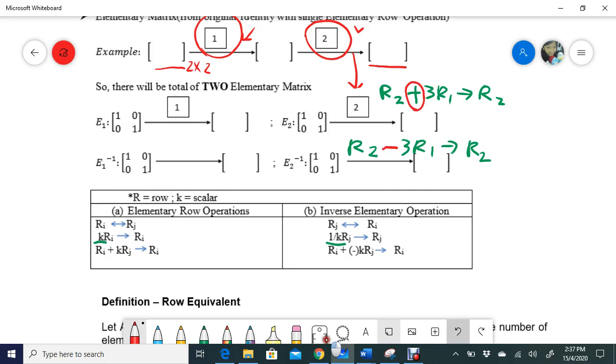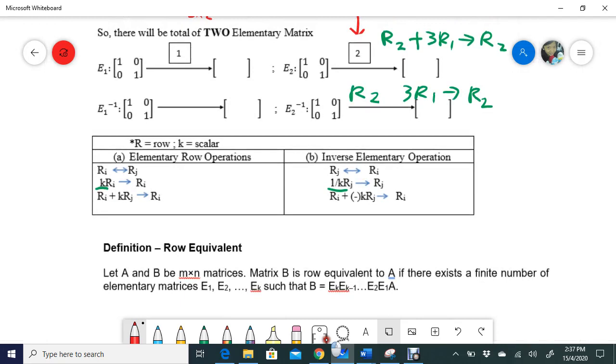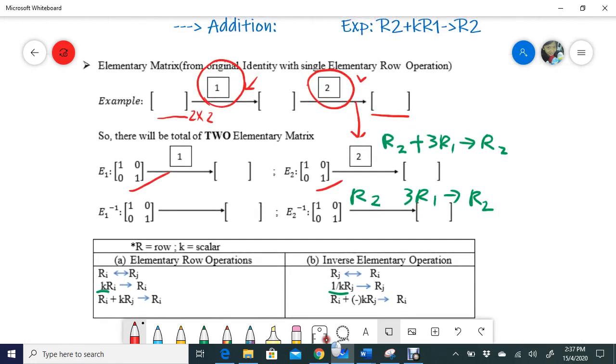So as a conclusion, what you will have is based on how many elementary matrices you have, in other words, how many elementary row operations you have. If you have 2 elementary row operations involved, there will be 2 elementary matrices. If you have 3, then you will have E1, E2, E3.